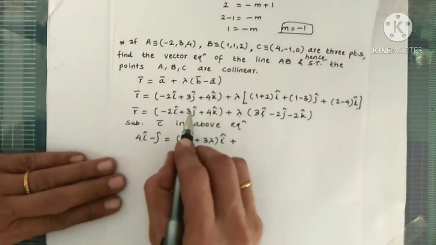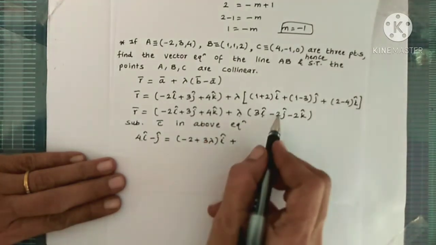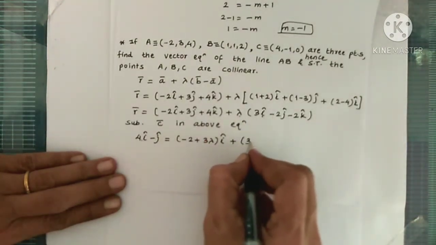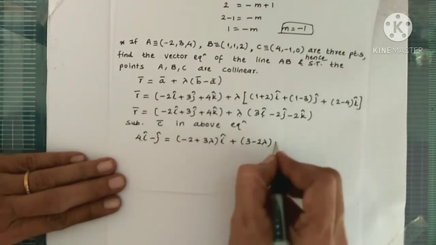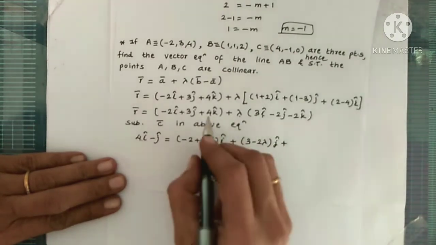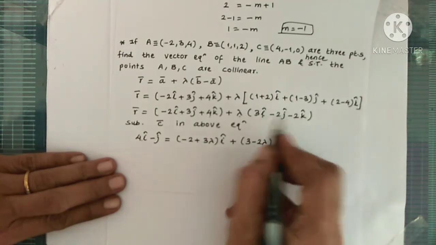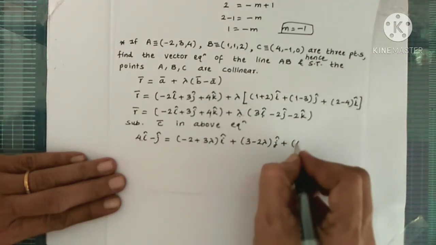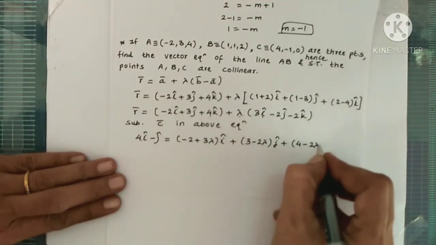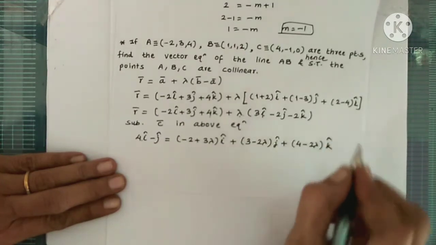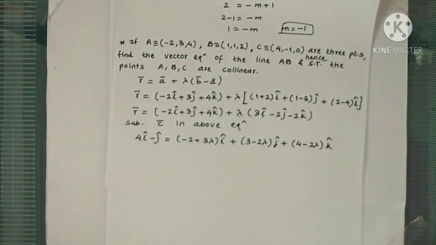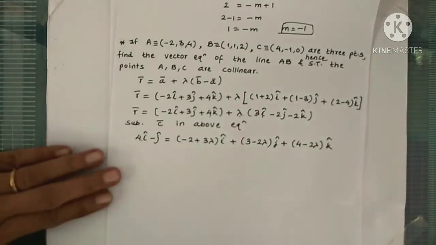The term in j is (3 minus 2 lambda) j cap, and the term in k cap is, here we have 4 and here, multiplying by lambda, we have minus 2 lambda. So taking those two terms together, (4 minus 2 lambda) k cap. Now let's equate the coefficients and find out whether we get the same value of lambda in all three equations.